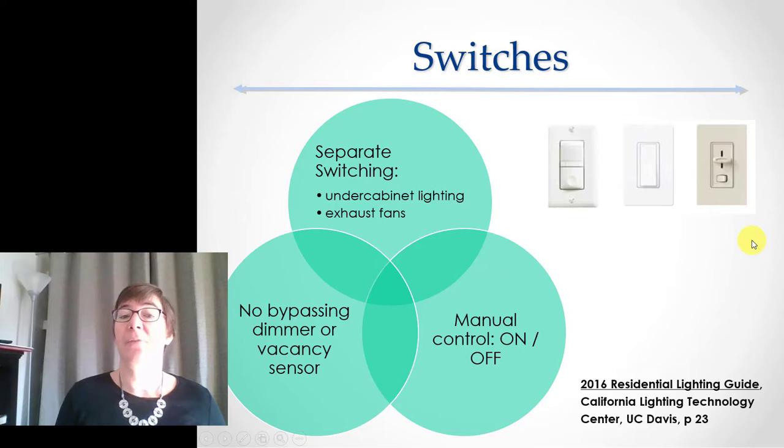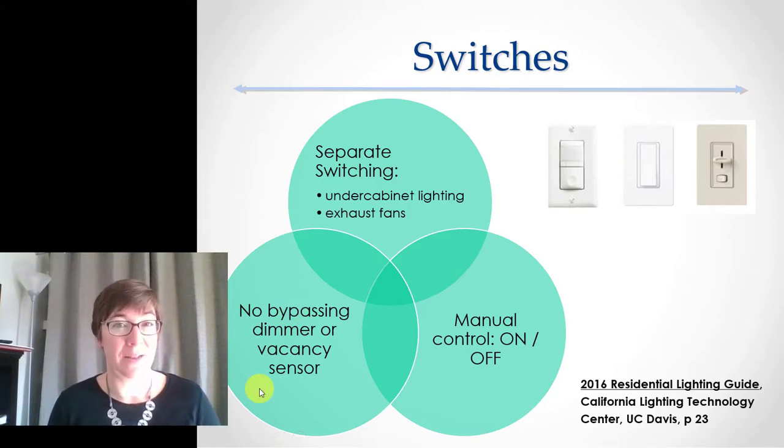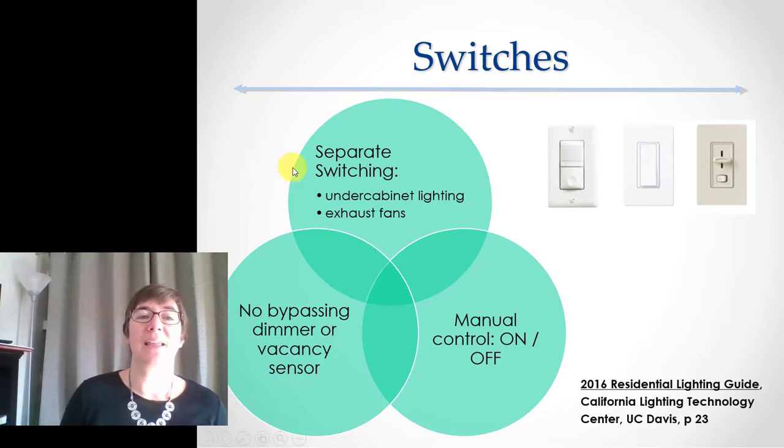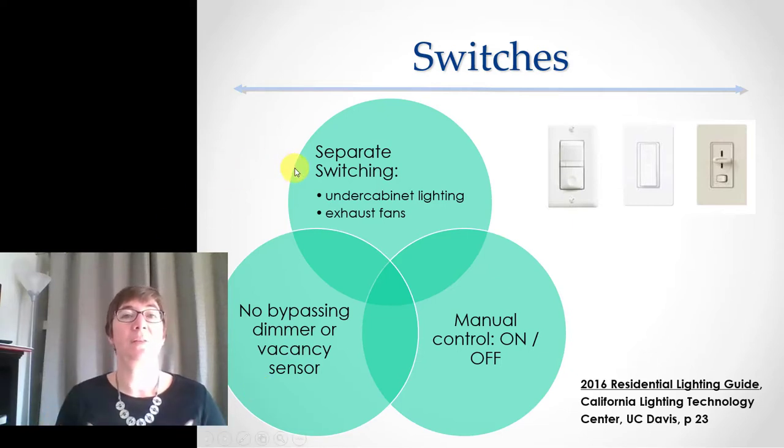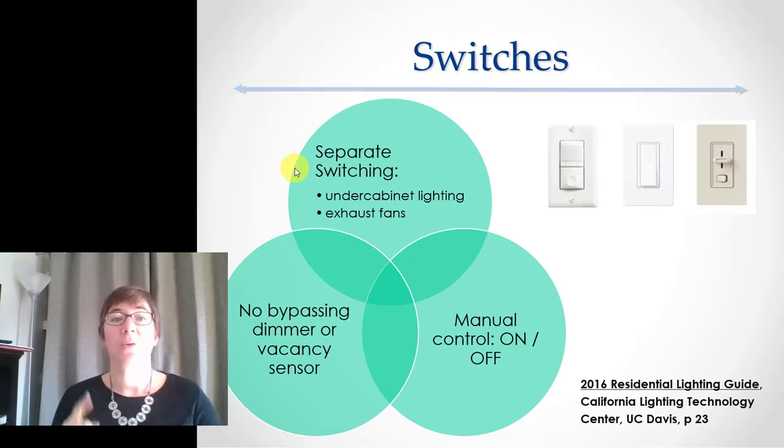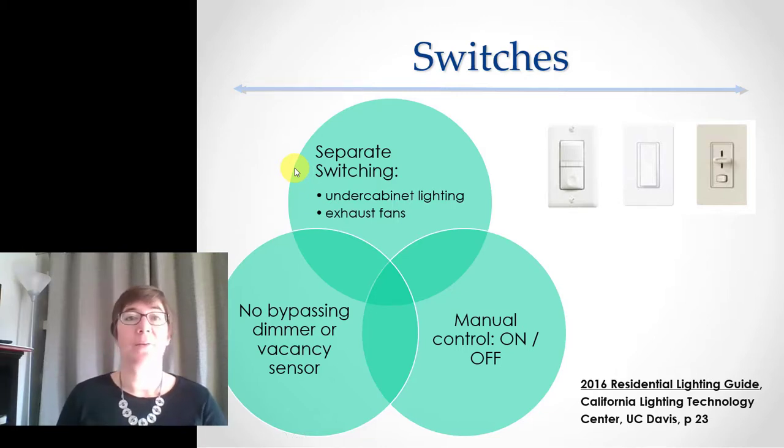So the California requirements are, remember, that all of your rooms must include a manual on-off. You're not allowed to bypass the dimmer or vacancy sensor. No cheating. And finally, you must separate out your under cabinet lighting and your exhaust fans to their own switch.